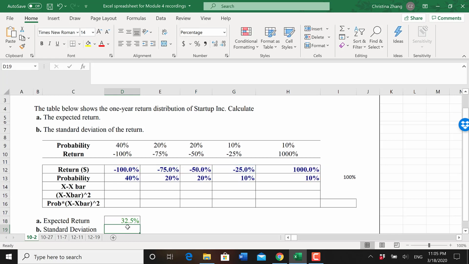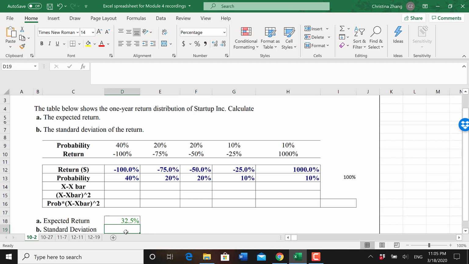What this really means is that, on average, you're going to receive 32.5%. You may wonder, did I really get this percentage in return? The answer is no. In reality, you're going to get one of the returns presented here. But this is your expected return, which is the average return, and it doesn't have to be the same as your real return.